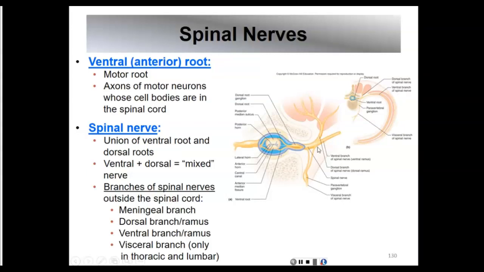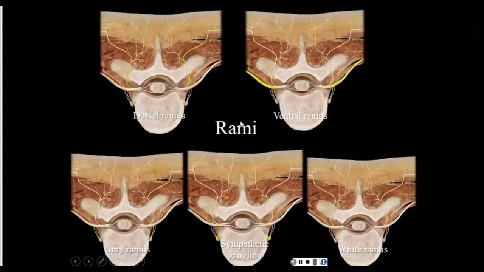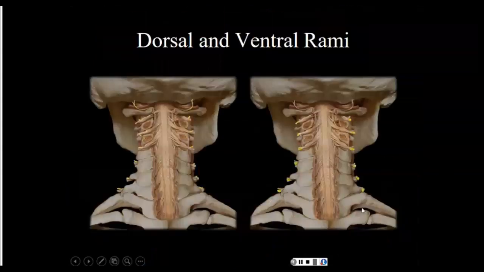Now there are branches off of this, and some will go to the meninges, so it'll just wrap right back around. Some will go back to the dorsal part of the body, some forward to the ventral part of the body, and some only to the organs, so that's the visceral branch. You don't need to know the rami. You can skip over that.